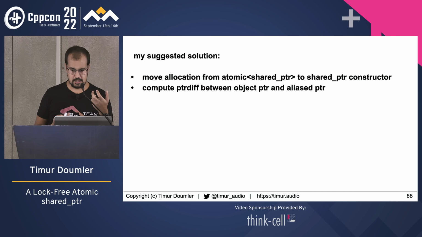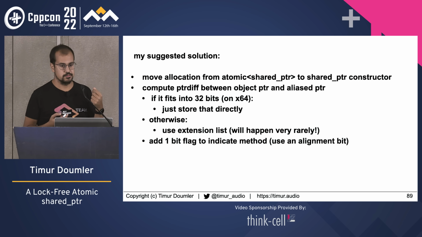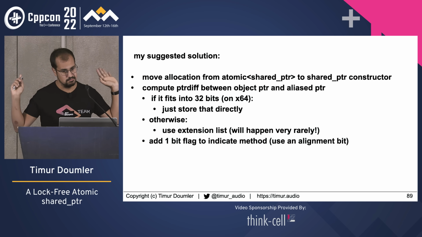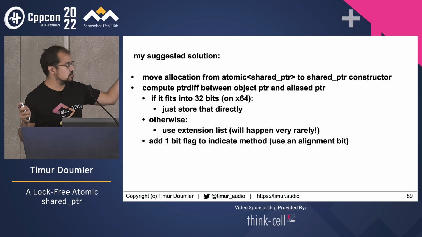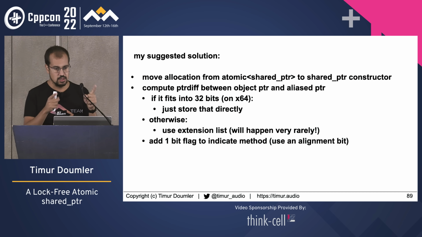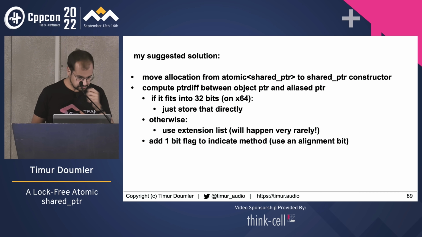And that pointer difference, we can then store in a 32-bit integer. Hopefully your object is not 4 gigabytes big. Otherwise, you have a problem. So we can just compute the pointer difference between the pointer and the real pointer, like the object pointer, and store that, and we can cram that together with the local ref count into one integer.